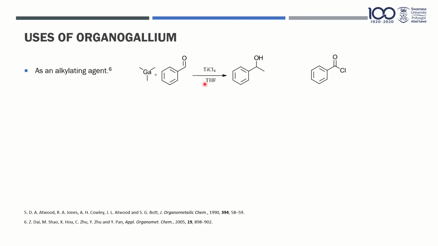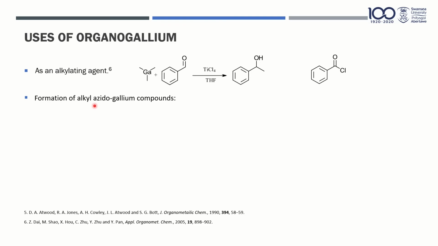This is the ideal conditions for reactions with ketones and any sort of esters or carboxylic acids. Anything that isn't TiCl4, such as dichloromethane or another solvent such as toluene or benzene, you'll get a lower yield. This reaction specifically will give you an 80% yield.